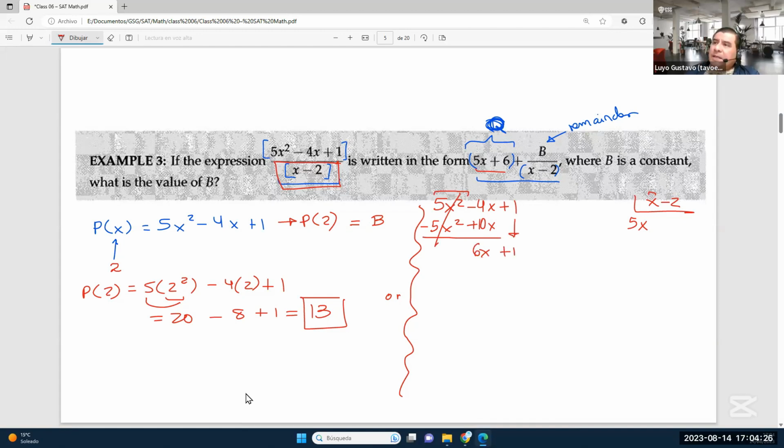We just drop this other term. Okay, 6x plus 1 divided by x minus 2. Again, pick the first term and divide it by this. 6x divided by x equals 6. And multiply this 6 by x minus 2 and subtract it from this part.